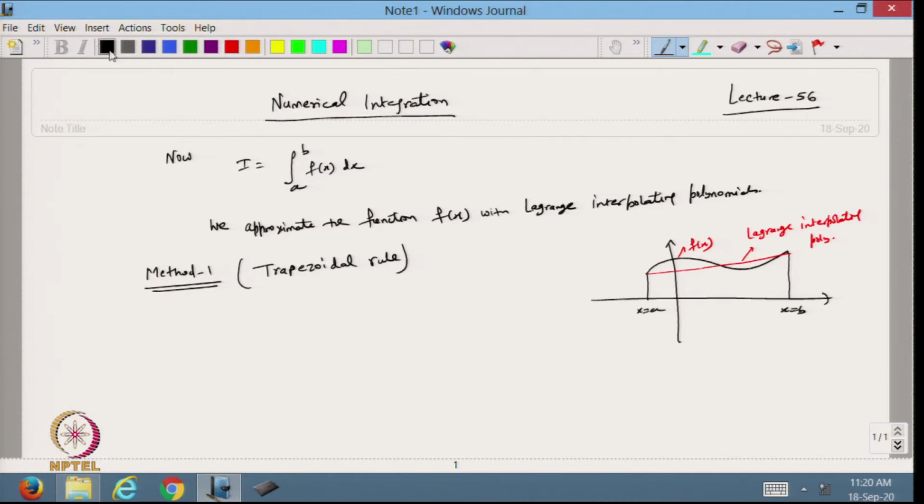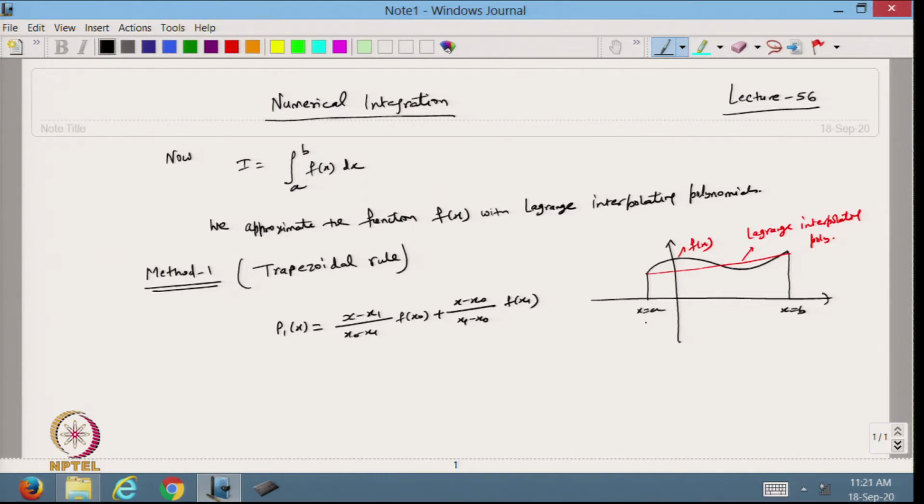Now, to find the Lagrange interpolating polynomial, I can find this polynomial p1(x) because I am representing it by a linear function. This can be written as (x minus x1) over (x0 minus x1) times the value of the function at x0, plus (x minus x0) over (x1 minus x0) times the value of the function at x1.